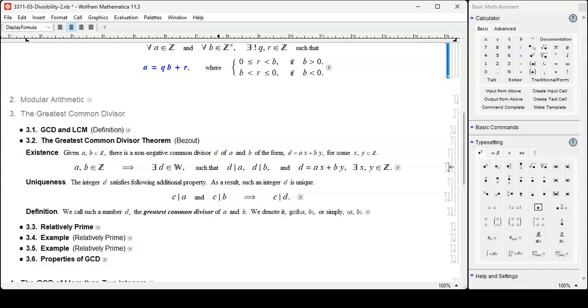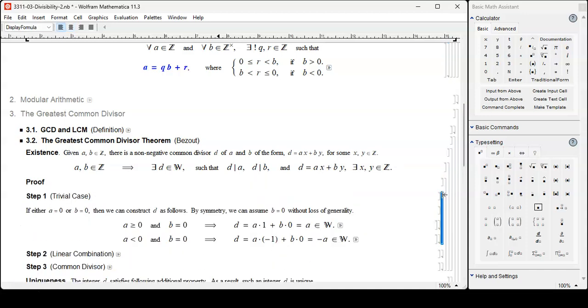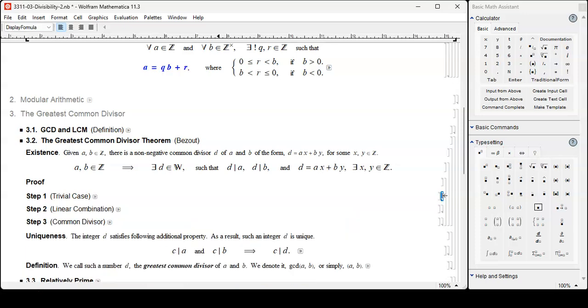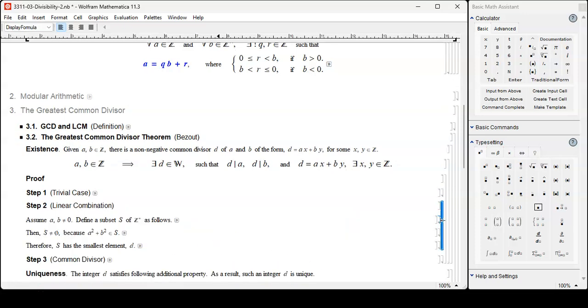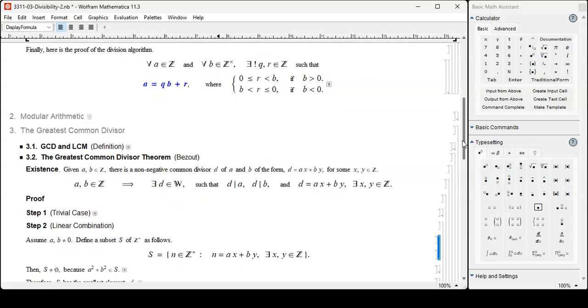How about Bézout's theorem? The trivial case of zero, and then we go through a similar concept basically. This is a subset of Z plus, which is a subset of W, so it's also well ordered. And what we want is this, which I just highlighted in red.